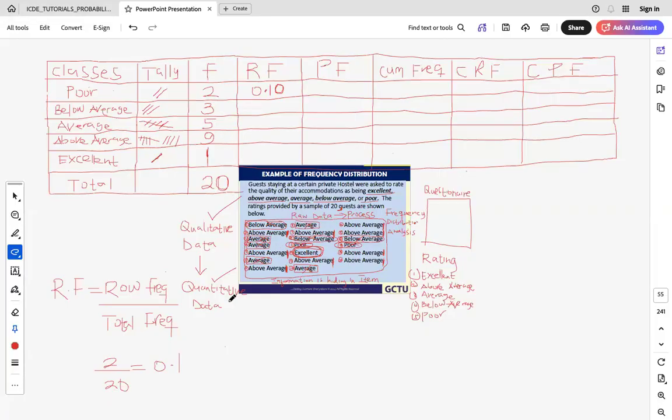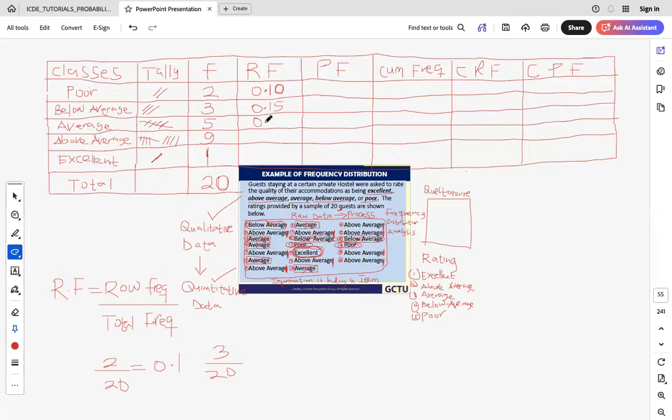Then the next one is 3 divided by 20. When you do that, what do you get? 0.15. Very good. 0.15 for the second one. Then we move to the third. 5 divided by 20.